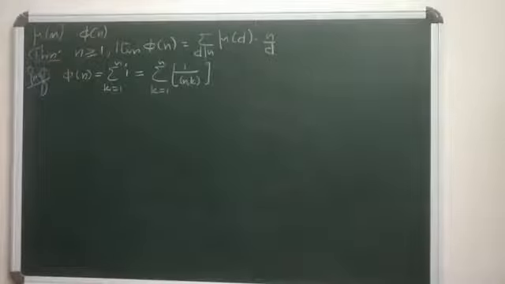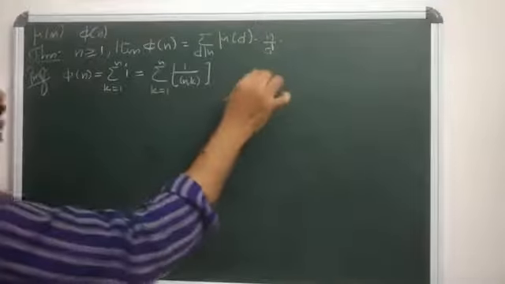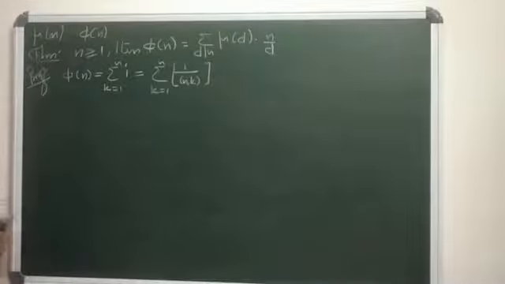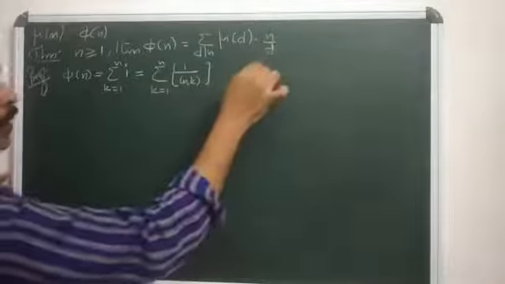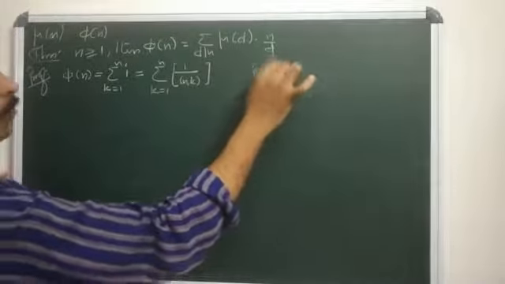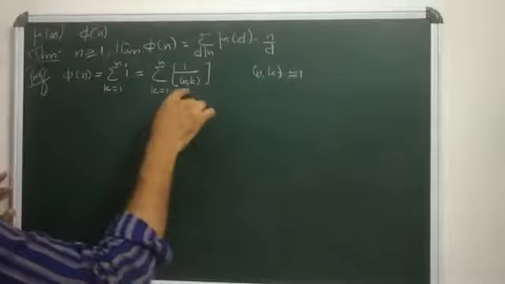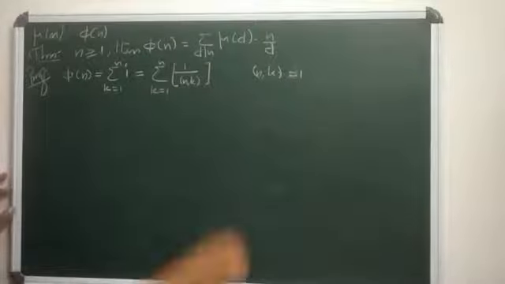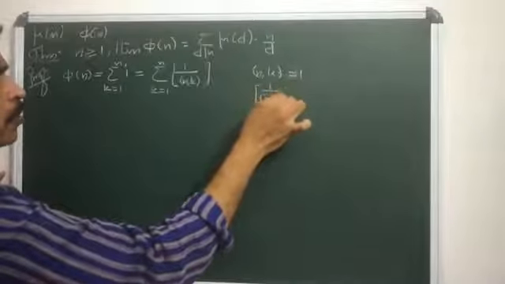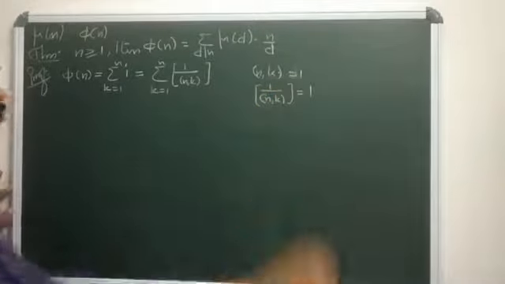Because if n and k are relatively prime, then the greatest integer part of 1 by GCD of n and k is 1 itself.